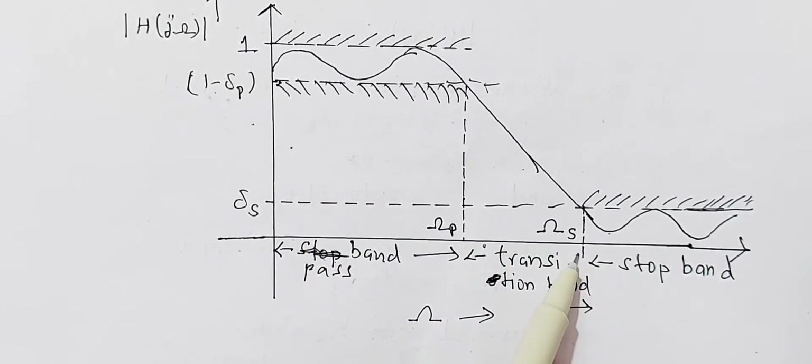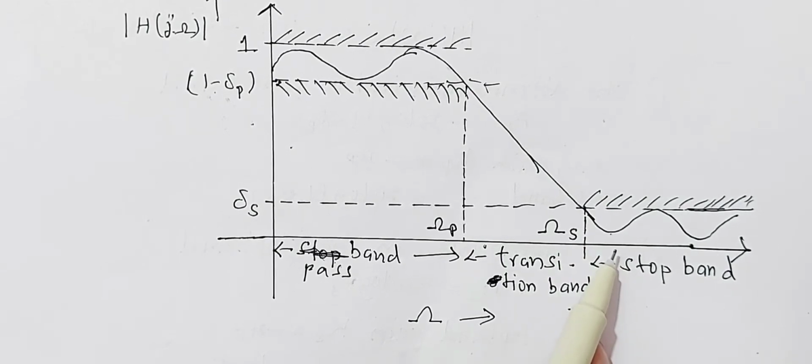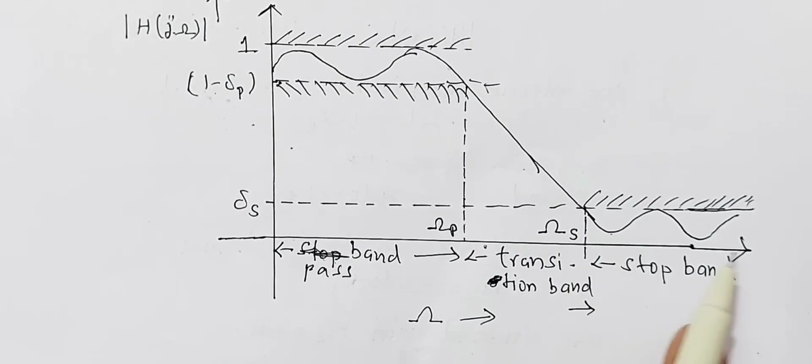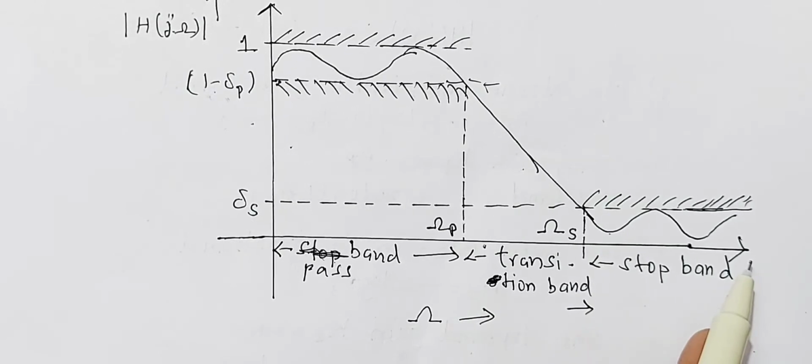After the transition band, that is after the frequency equal to omega s, the stop band frequency, output is stopped. You won't get output even if the input frequency is present. Therefore, this is called stop band.